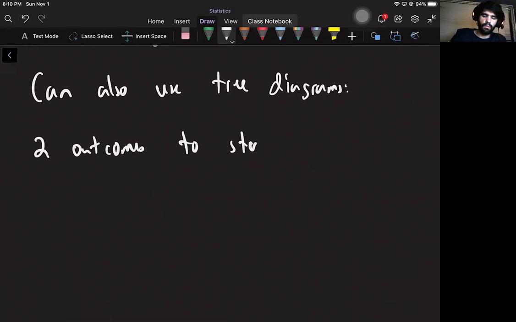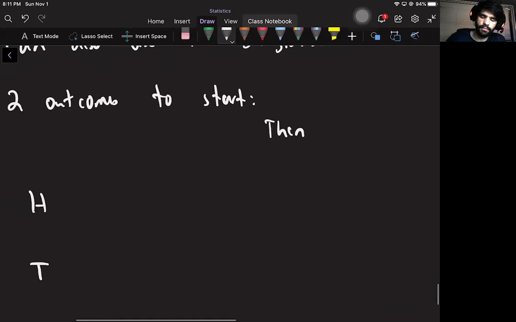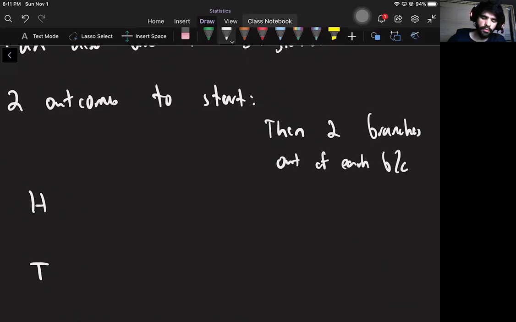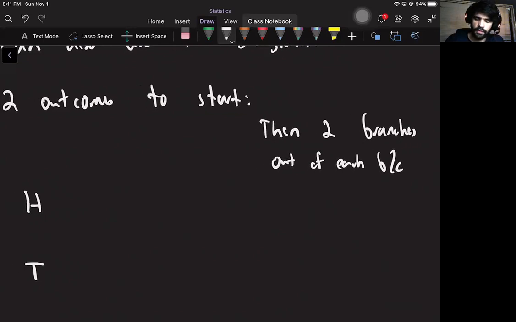To start, I can either get heads or tails. So that's how many branches I start with. And then each outcome has 2 branches coming out of it for the next event. And that's because if I get a heads first, my next thing that I could do is I could get a heads or tails after getting heads first.